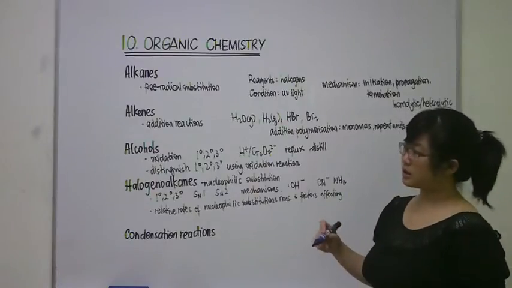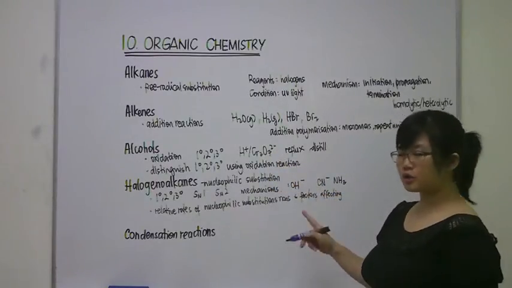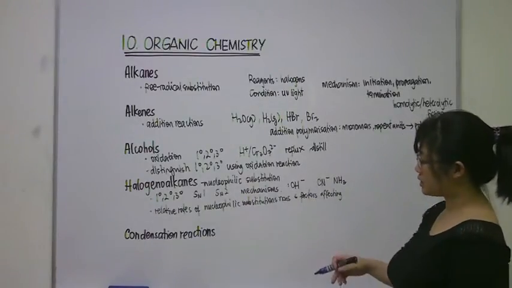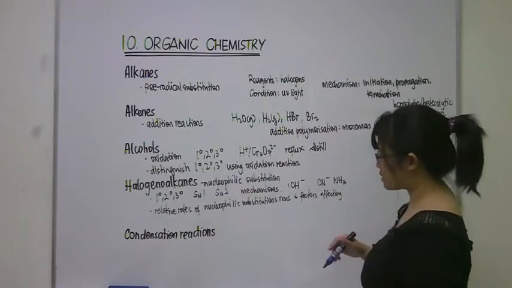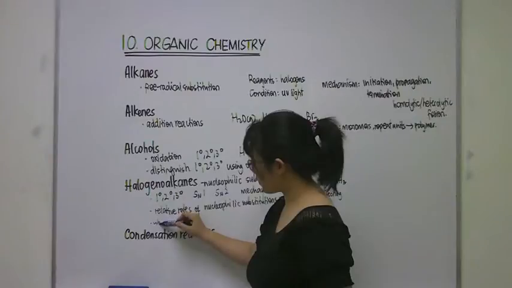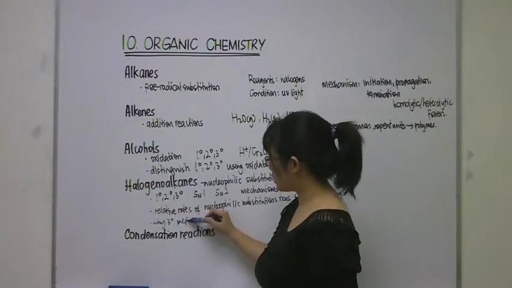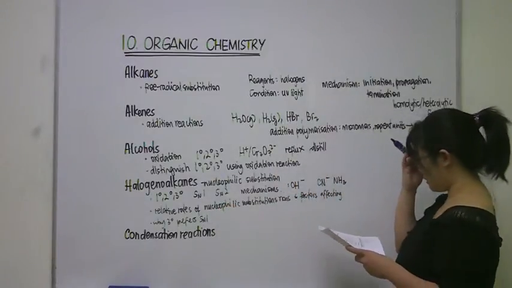Namely, the type of halogens attached to your halogenoalkane and the strength of nucleophile. So that will affect the rate of reactions. Also, you need to explain why tertiary halogenoalkane prefers SN1 mechanism.